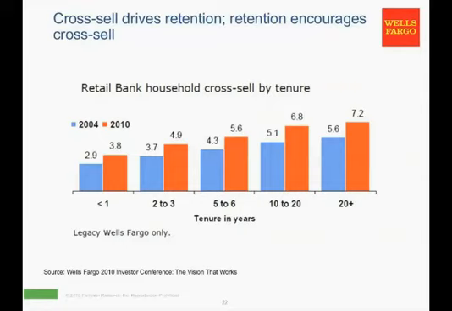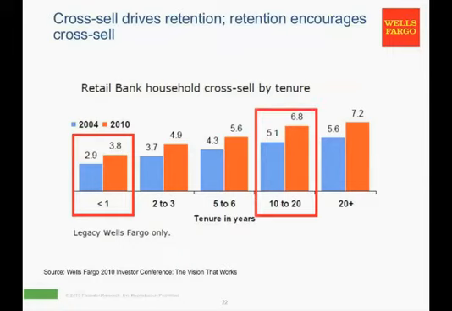Now, no matter what you think about how Wells Fargo counts products, the data is still relevant because we see that consumers who have less than one product, on average, their tenure is about 3.8 years. If that consumer has 10 to 20 products, they're far more likely to stay.